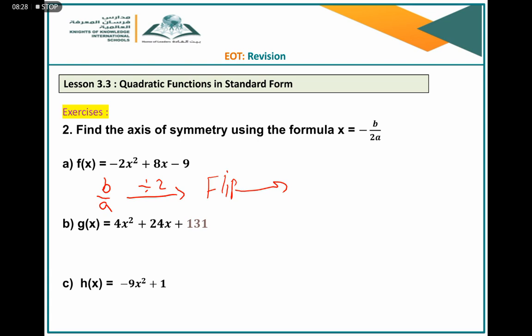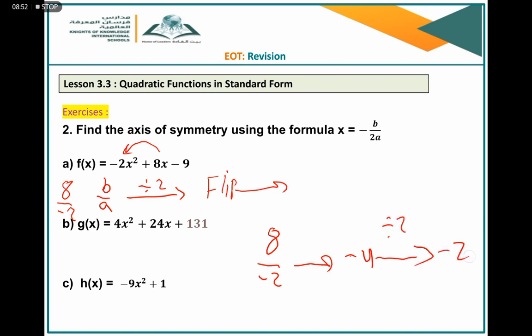Let us do it. So b over a, this over this, it gives 8 over negative 2, which gives negative 4. I will write it here: 8 over negative 2 gives negative 4, divide by 2, flip it, it will be 2.